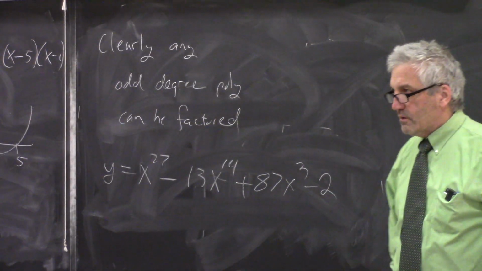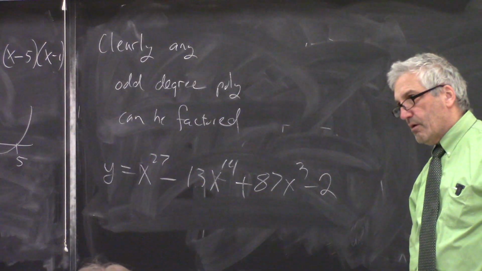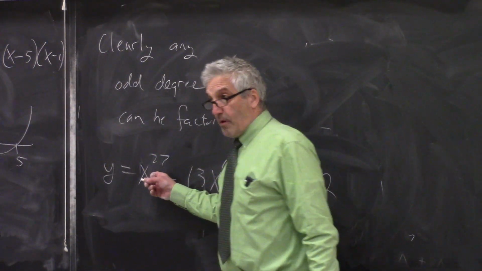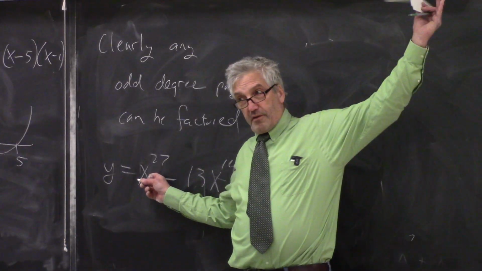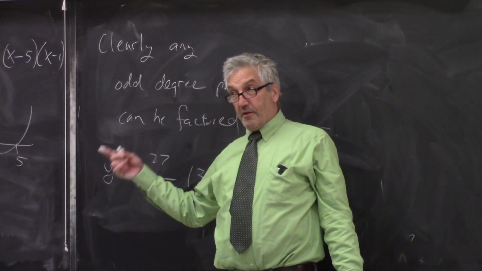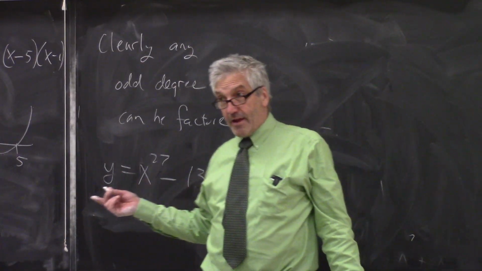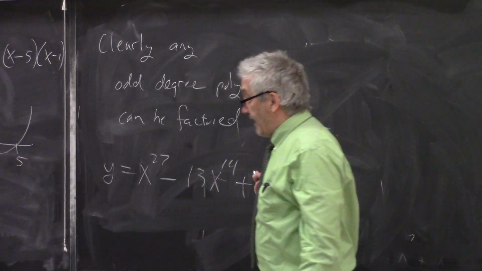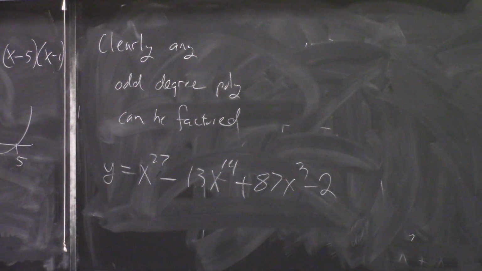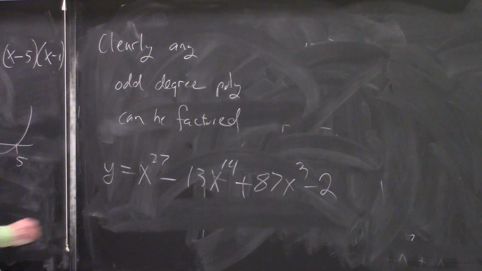Can you factor that? I don't know how to factor it, but it's an odd degree polynomial. One end goes up, the other end goes down, so somewhere it's got to cross the x-axis. So there's got to be a value of x that makes that thing 0. That's going to correspond to a linear factor that's made 0 when that value of x is substituted in. So this can be factored.